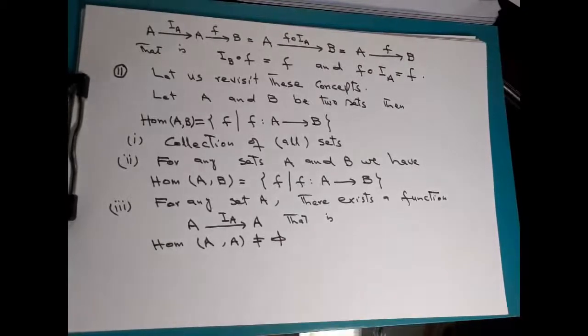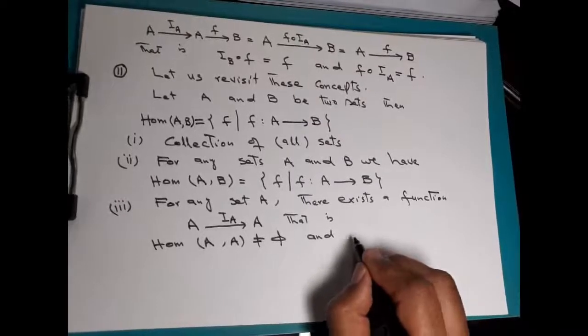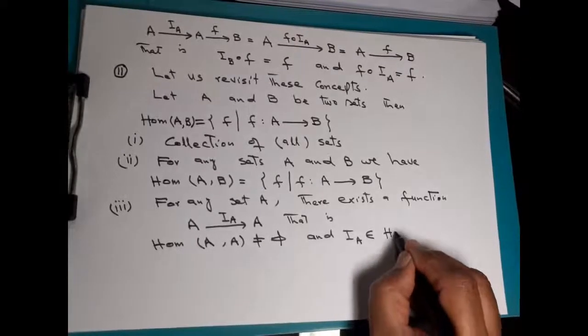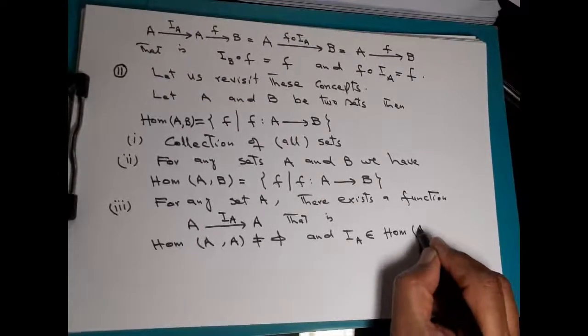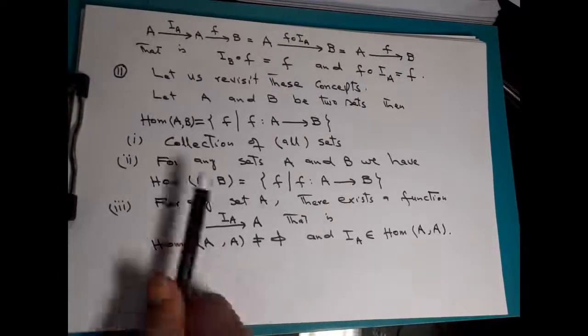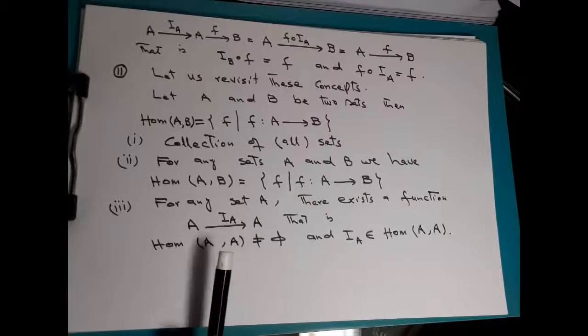There is always one function in it, which is the identity function, and let's emphasize that this identity function belongs to home AA. Note that if A and B are two different sets, then home AB may be empty, but if you take functions from set A to set A, then this set is never empty because the identity function is always there.